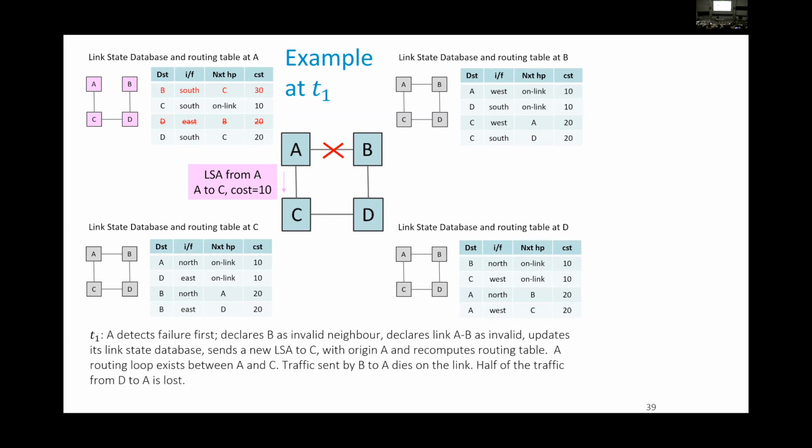And because we accept that such loops can exist, we have the TTL field in IP, and the hop limit, the hop count field in IP. By accepting that such loops exist, we make OSPF simple. In particular, we don't need to synchronize all the network. Synchronization is a tremendously complicated thing to do in a distributed system.